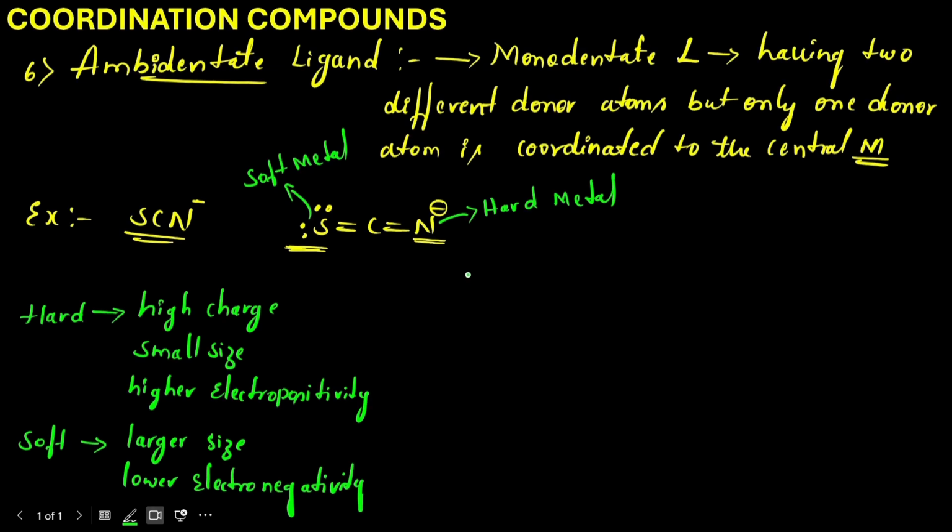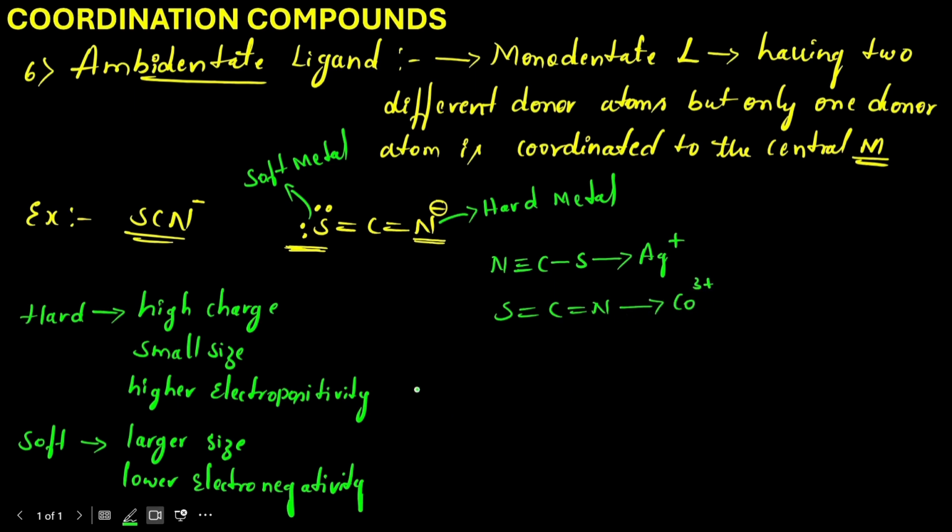That is, Ag plus is coordinated to sulfur, N triple bond C single bond. Here sulfur is coordinated to Ag plus and nitrogen is coordinated to cobalt 3 plus, that is S double bond C double bond N. Here nitrogen is coordinated to cobalt 3 plus.